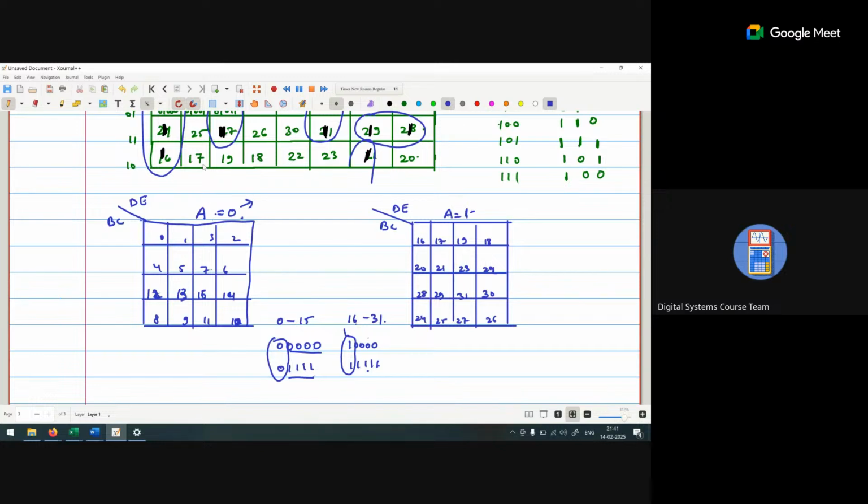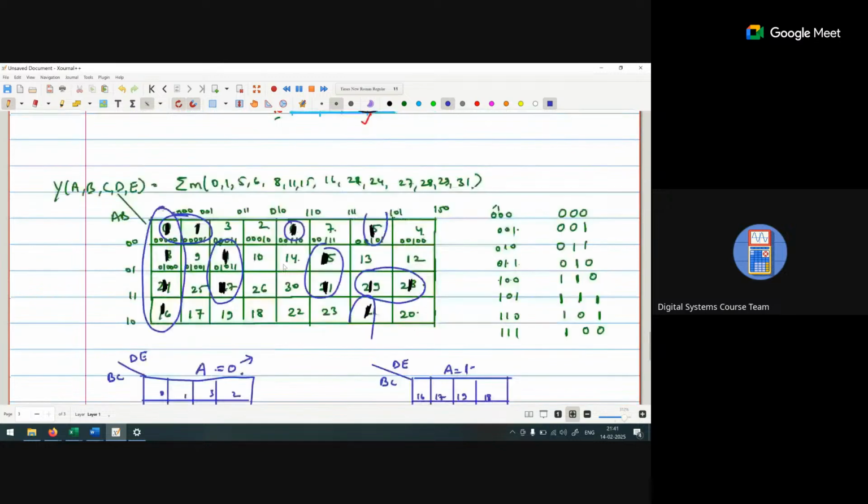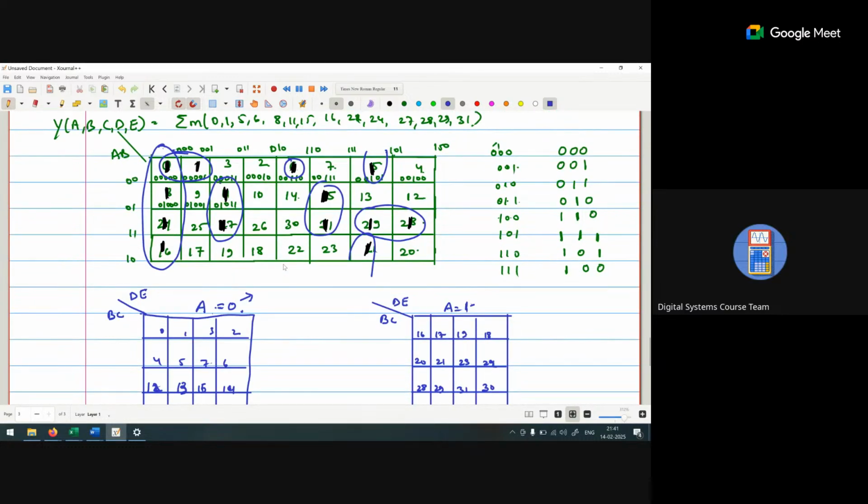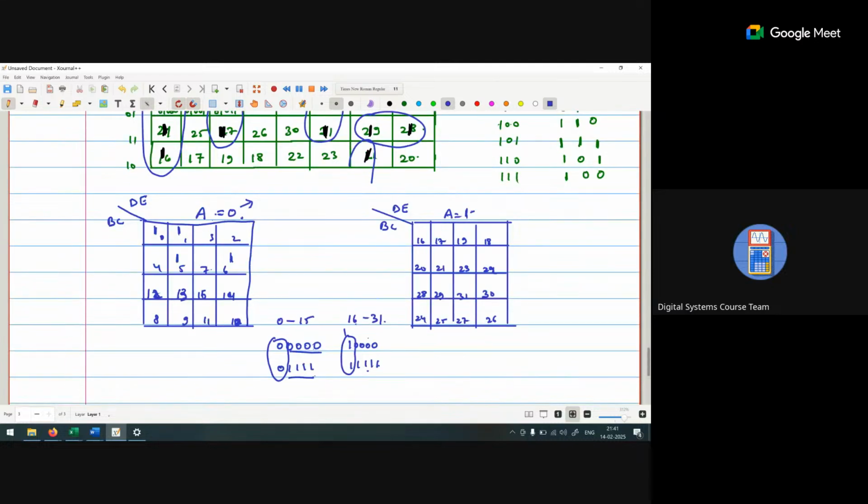I just tell you one thing. Okay, I just solve how we solve this one. Now how do we represent it? So it becomes 0, 1, 5, 6, 8, 11, and 15. I can write it with another color. 0, 1, 5, 6, 15, 8, and 11.